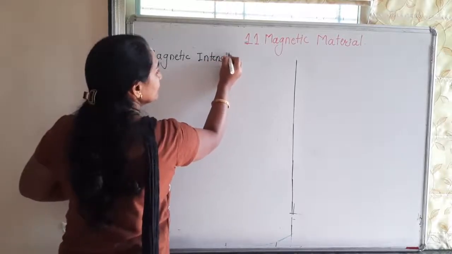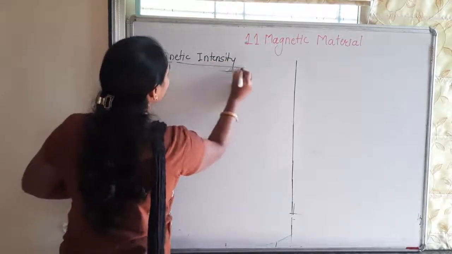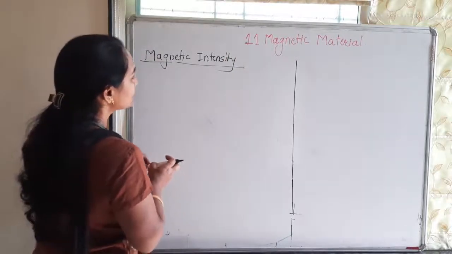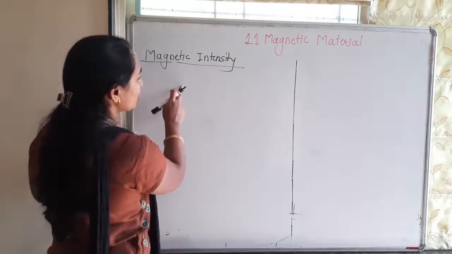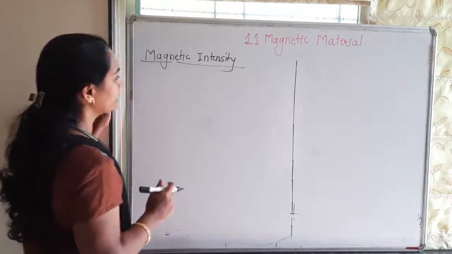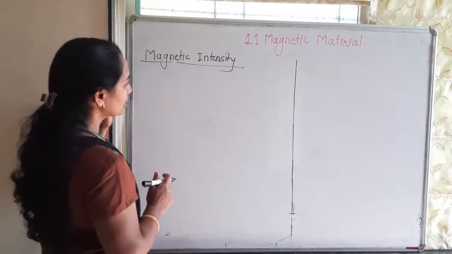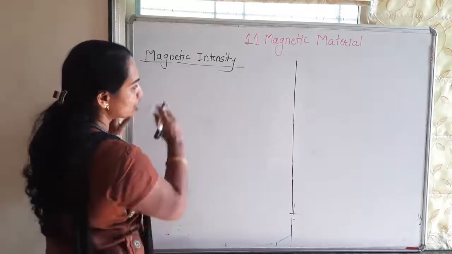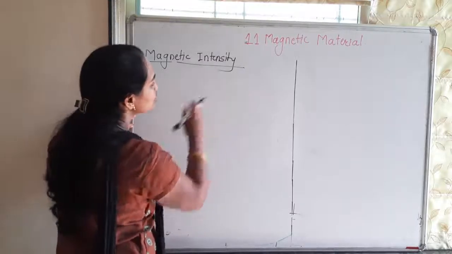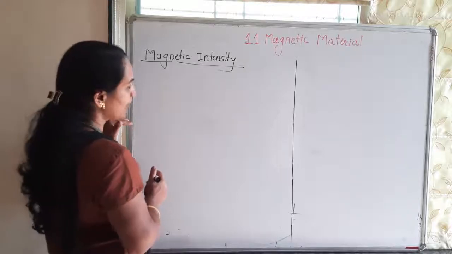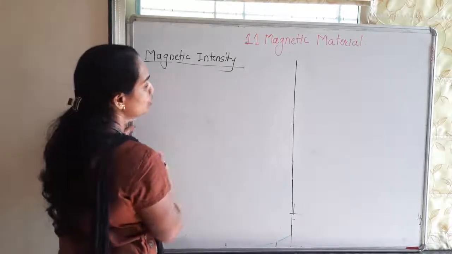Here consider a rod of some material with some net magnetization, which is placed in a solenoid having number of turns per unit length n, and I is the current flowing through it.